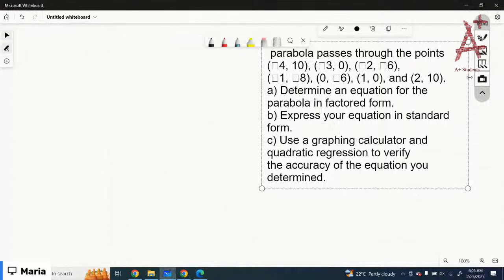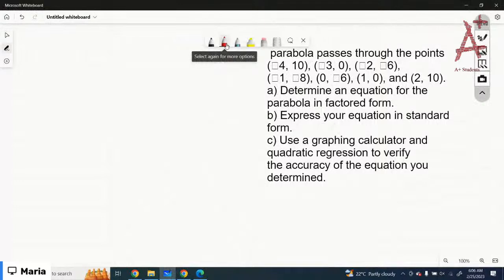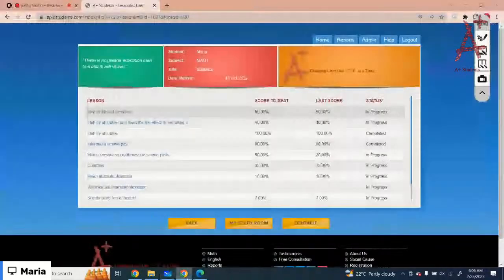We have to write down the equation in the factored form. Got it? So just look at the points given. Just look at the zeros. The zeros are at x equals 1 and x equals negative 3. Here you can see the 1, 0 and the negative 3, 0. These are the two zeros.